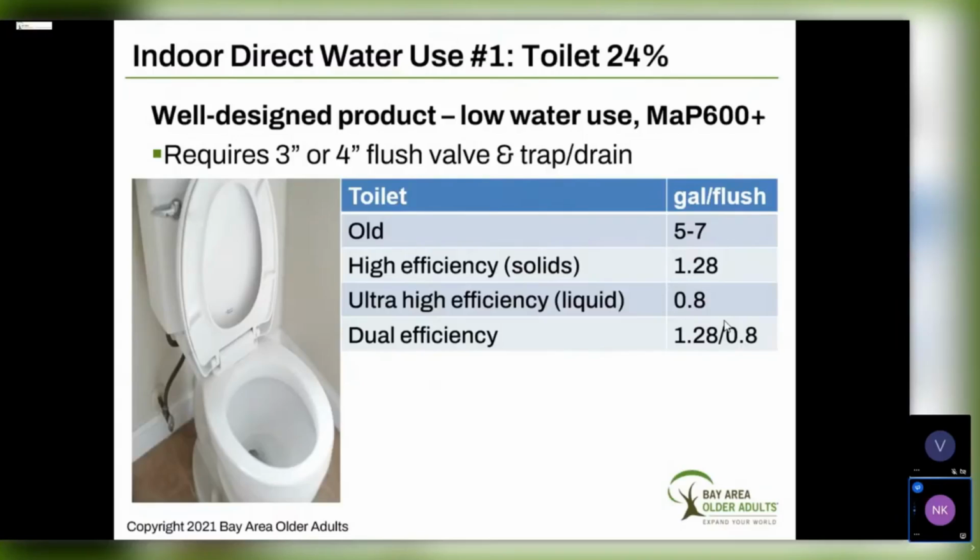The WaterSense program requires a MAP of 350 plus, but 600 or so may be a pretty good number, though the numbers do go up to 1,000 plus. So this is the grams of solid that the toilet can clear.